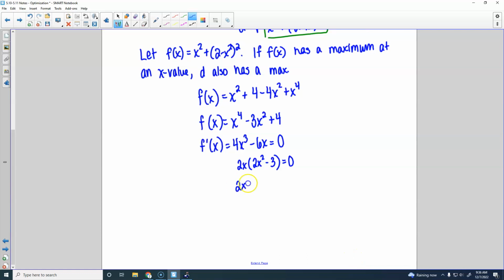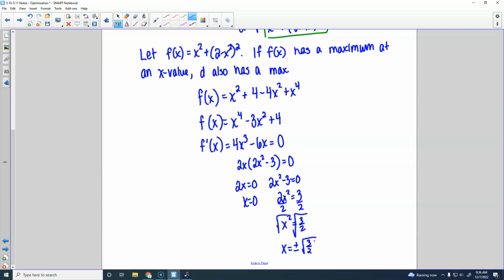So 2x would equal 0, and 2x squared minus 3 would equal 0. So x equals 0, and 2x squared equals 3. Divide by 2, x squared equals 3 halves. Square root both sides, so x equals plus or minus the square root of 3 halves.